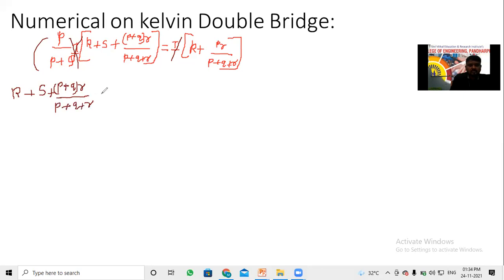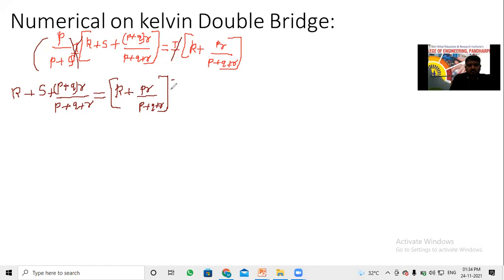This is one side, LHS side. In the RHS side, R plus PR divided by P plus Q plus R, P plus Q plus R whole into I. I will send this part into RHS side. What will it become here now?